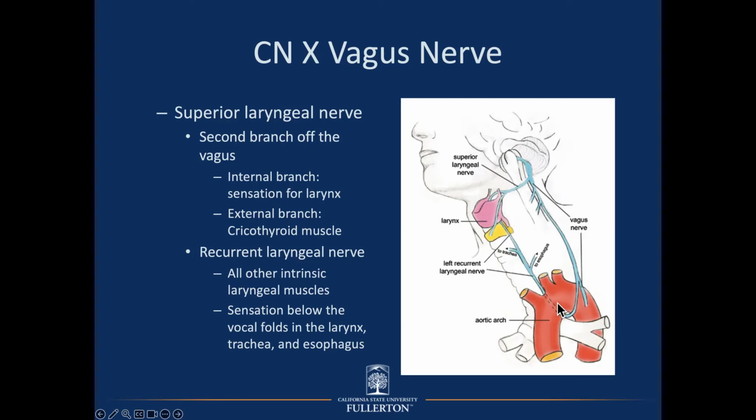It loops under here and it comes back up, and it's going to be carrying some information to other things, but we're worried right now about this. It comes up to all the intrinsic laryngeal muscles, and also some of these fibers are carrying afferent neurons that provide sensation below the vocal folds in the larynx, in the trachea, and in the esophagus. So you see here, these are these branches.